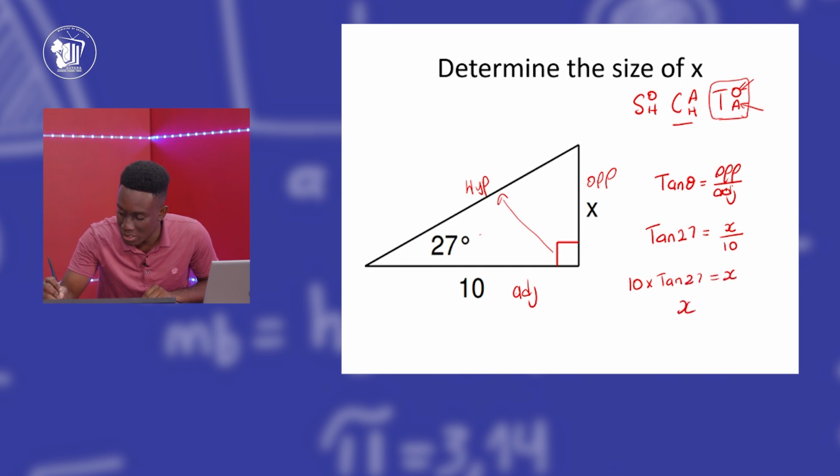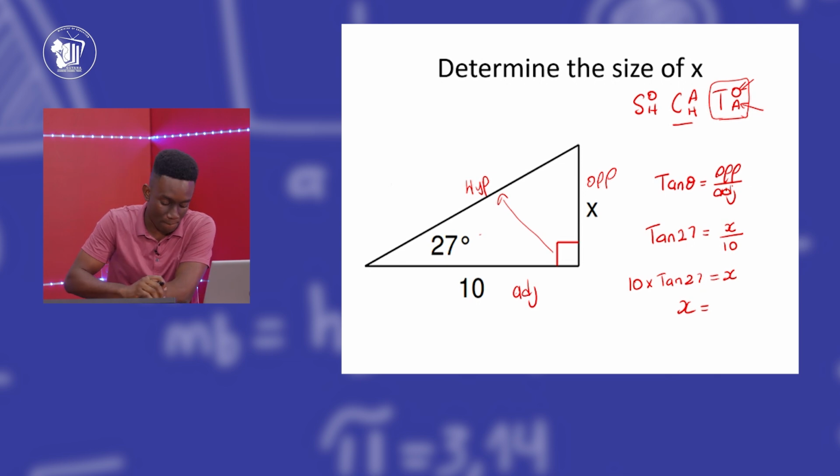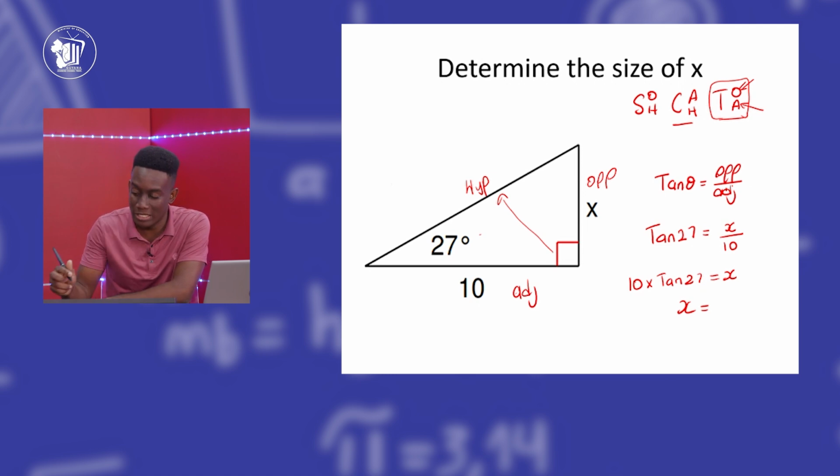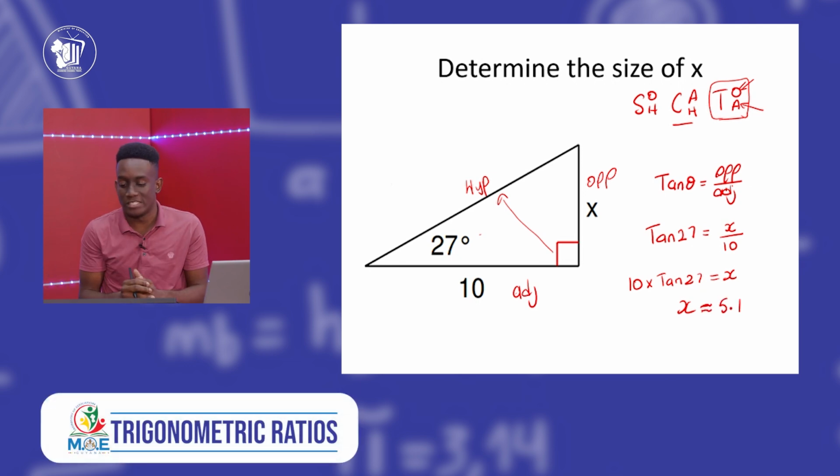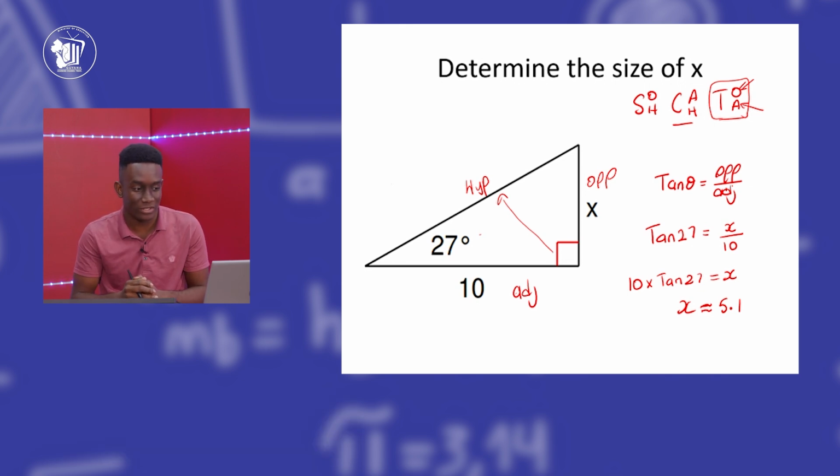Hence x will be equal to 10 multiplied by tan 27. When we punch it in our calculator, we'll get approximately 5.1. So the value of x is approximately 5.1, or if you want to round this off to the nearest whole number, approximately 5. And that is how we answer these kinds of questions.